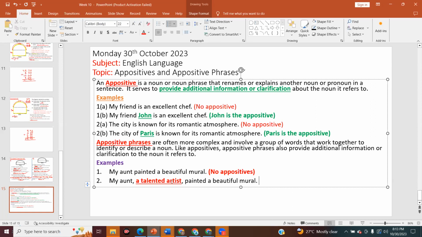It's just additional information. That's what we mean by non-restrictive, because the sentence still works without it. But with restrictive, the sentence cannot work without it, so you don't put a comma. You just let it flow.